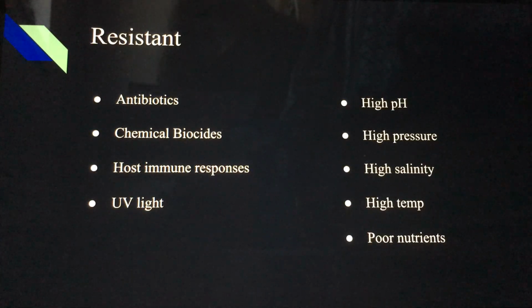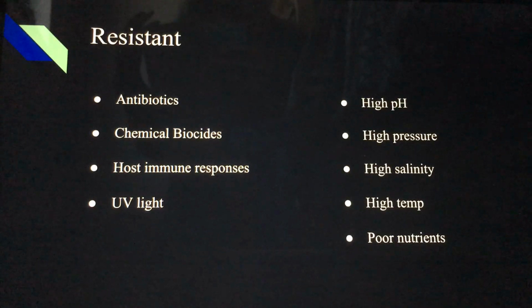Some harsh environmental conditions would include a high temperature, high pH, high pressure, high salinity, and poor nutrients. It's not everything that can support poor nutrients, but I think that this matrix does a very good job in keeping the microorganisms very resistant.